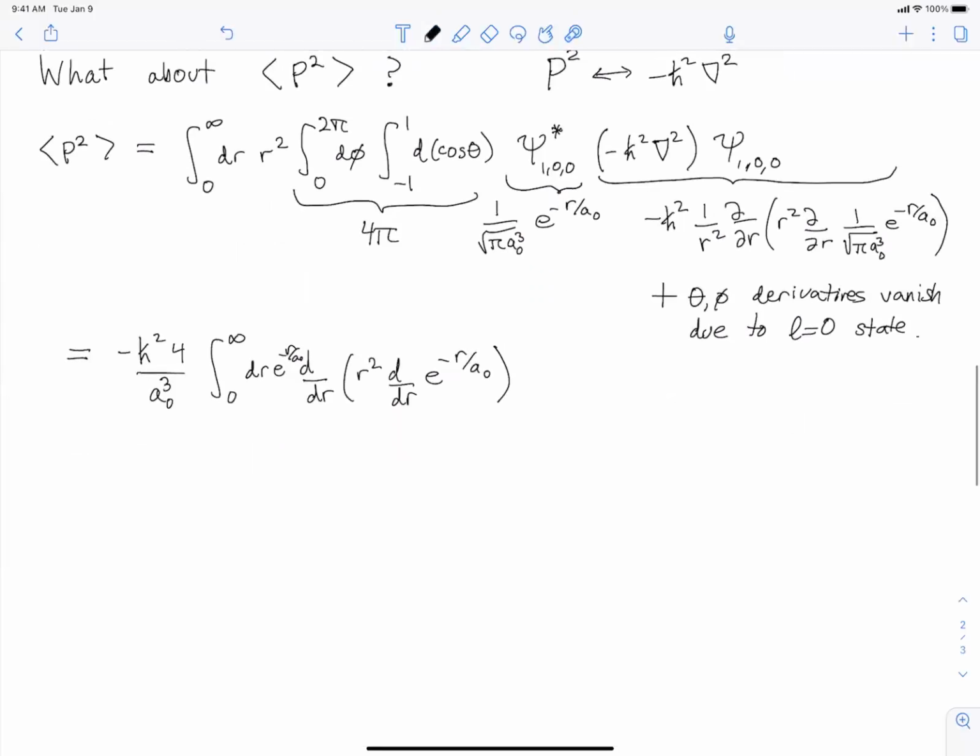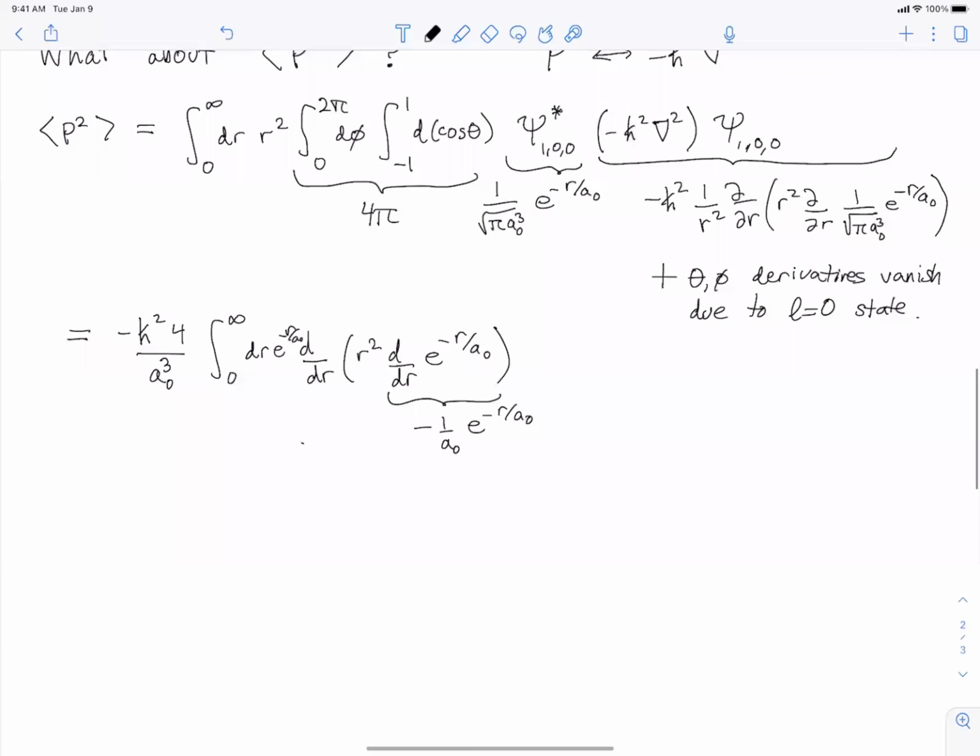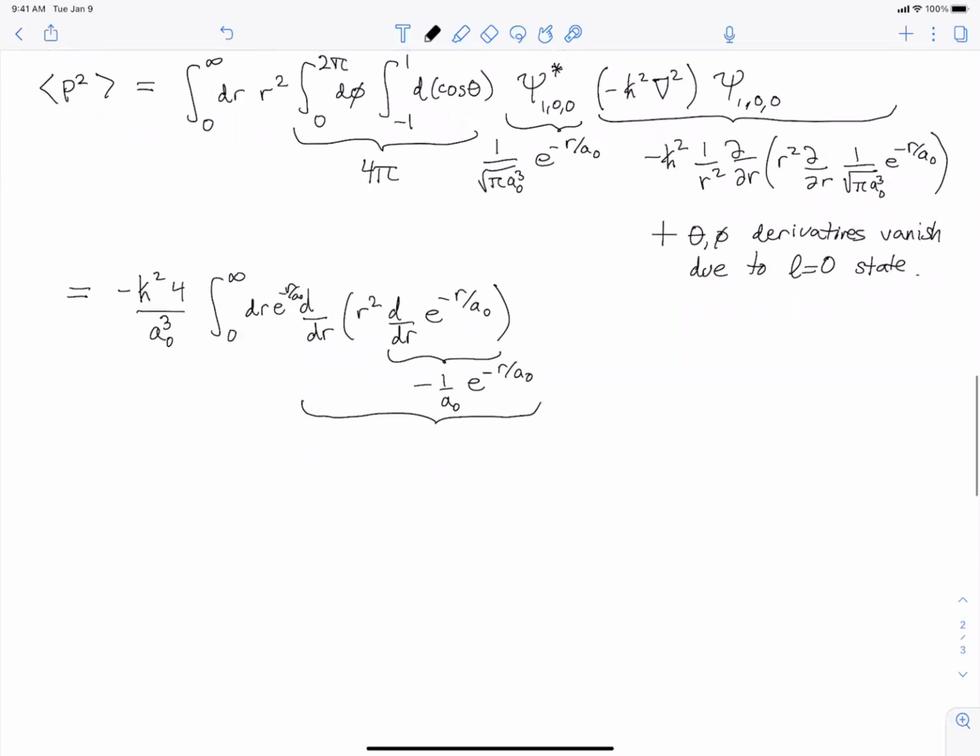Okay, so to take these derivatives, first of all, this derivative is minus 1 over Bohr radius e to the minus r over a0. And then when I do this derivative acting on that with the r squared, we get minus 1 over Bohr radius 2r e to the minus r over a0 minus r squared over a0 e to the minus r over a0.